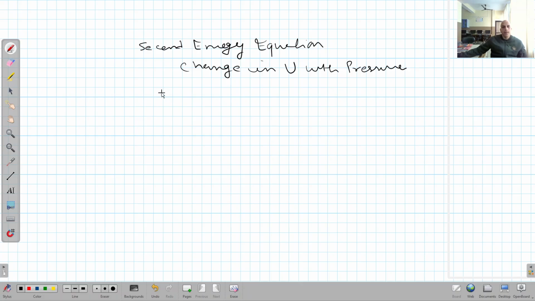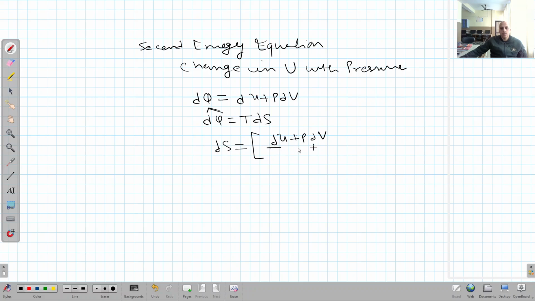So for it, again, we will start with the first law of thermodynamics, dq = dU + PdV, and dq = TdS. This is the second law of thermodynamics. So again, we will put this TdS here and we will get the same thing as in the earlier case, dS = (dU + PdV)/T.